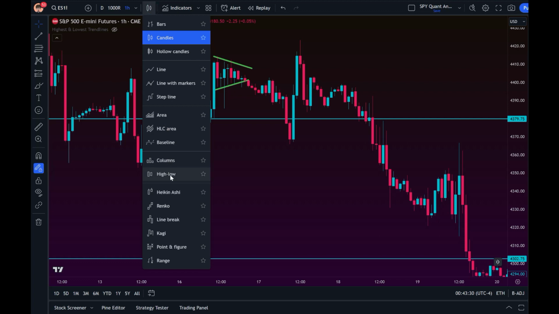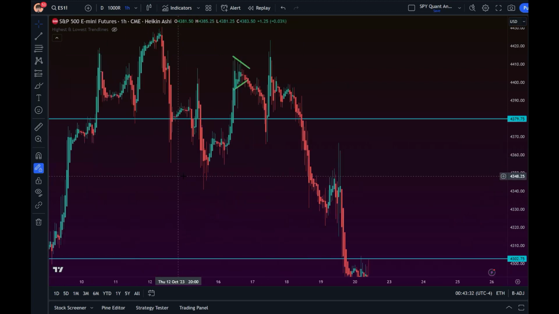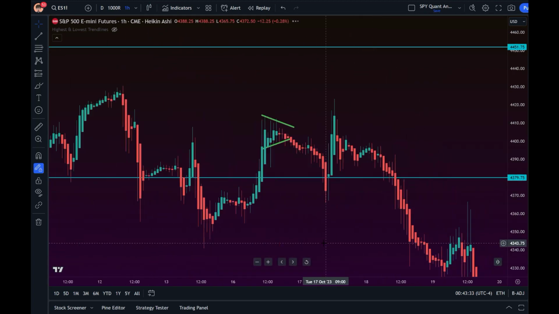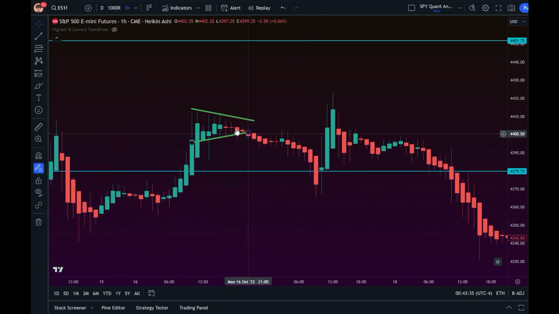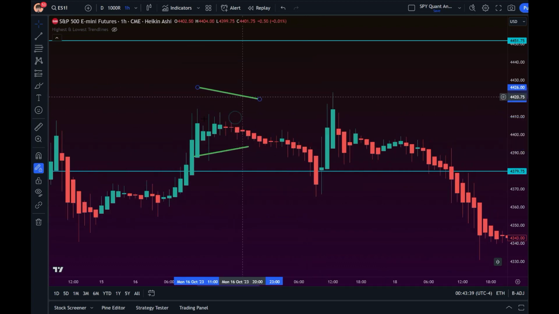Because if we flip over to the Heikin Ashi candles and go back to revisit that bull flag, there was really no indication of any bullish continuation pattern. In fact, it looked more bearish. It looked like it was trying to form some bearish patterns here and here.